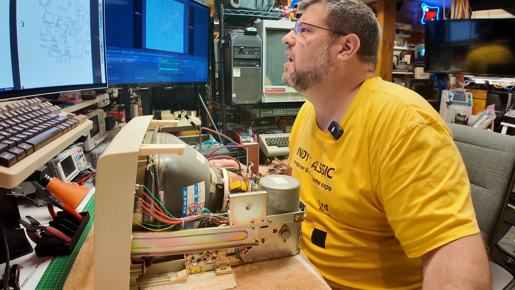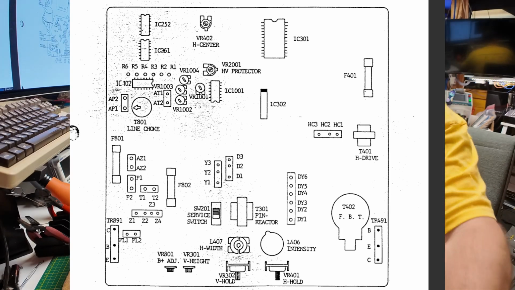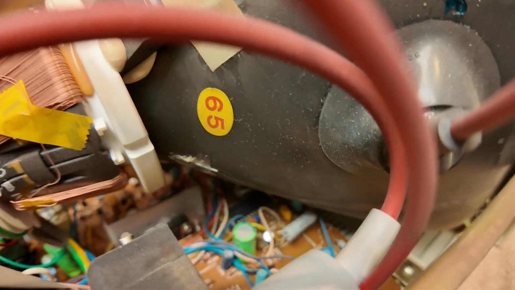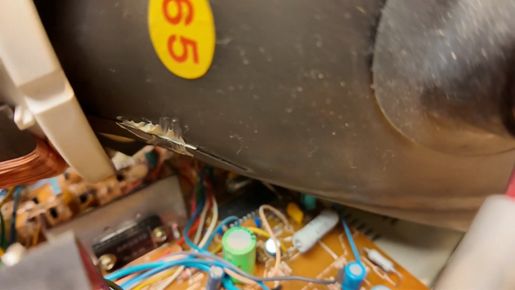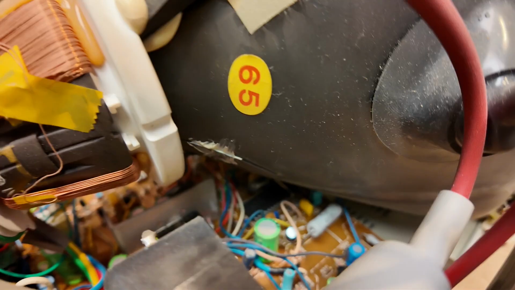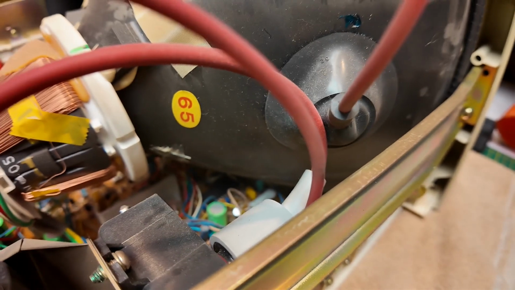There we go. Yeah, that is a bigger IC. It's all the way up front underneath the, let's see if I can give you a view of that. Yeah, it's down there underneath of the tube. You can see the pins of it there at the edge. Yeah, okay, so that's IC301 over there. That's going to be the vertical driver chip.